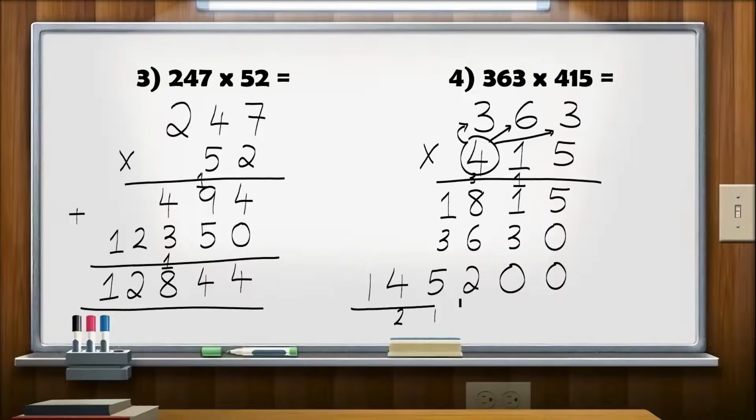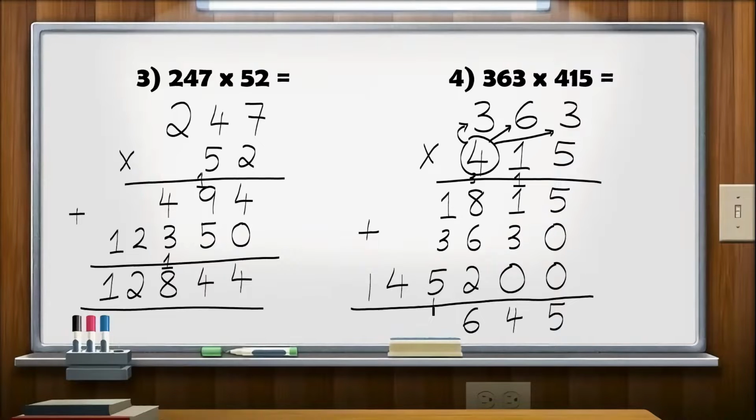Okay. And in order to get my overall answer, I will be adding the totals up together. So 5 plus 0 is 5. 1 plus 3 plus 0 is 4. 8 plus 6 is 14. Plus the 2 is 16. Put the 6 here. Carry the 1. 1 plus 3 is 4.